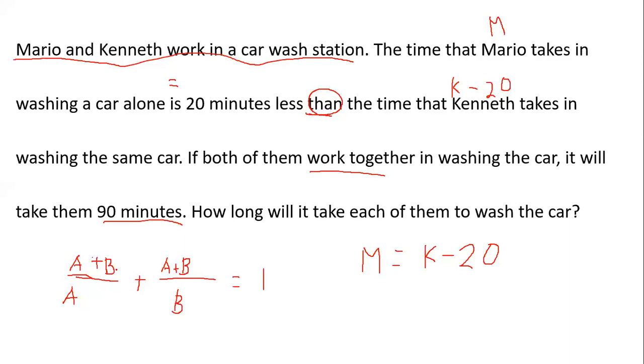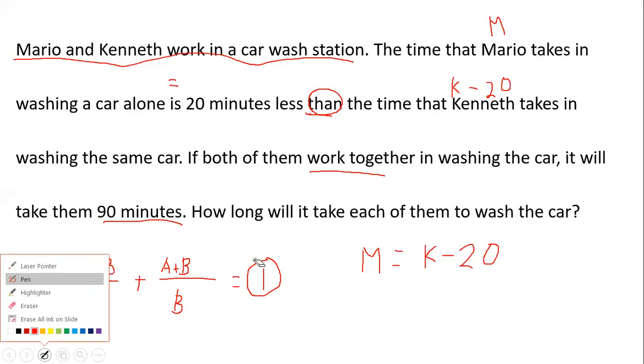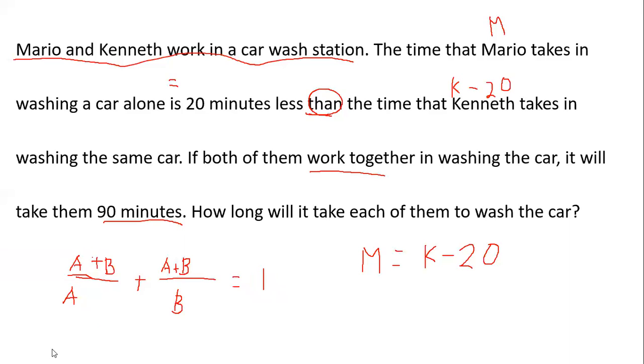Ngayon, the question is, bakit equal to 1? The reason is it takes them to do the job together in order to accomplish one work. Kaya po one ang ginamit natin. Ayan.